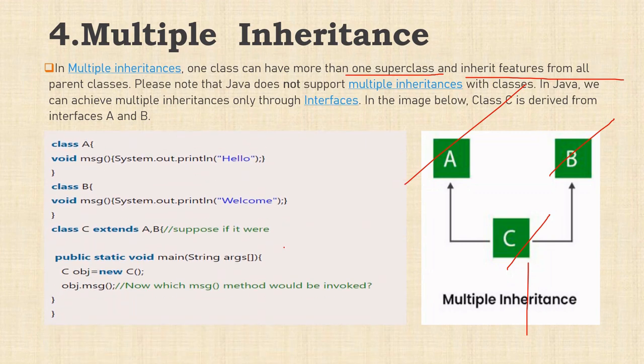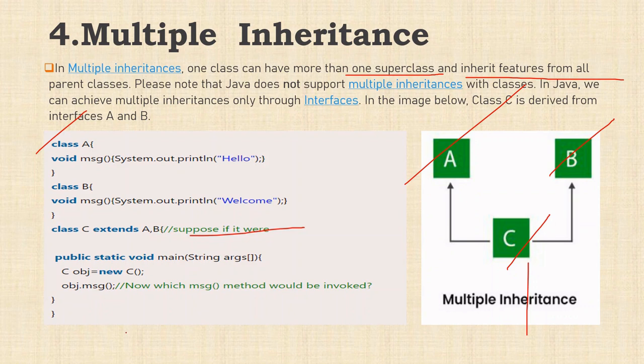So we are trying to achieve it with the help of classes. Class A has a message method, and class B also has a message method. Suppose we have class C and we extend both A and B. What will we get?